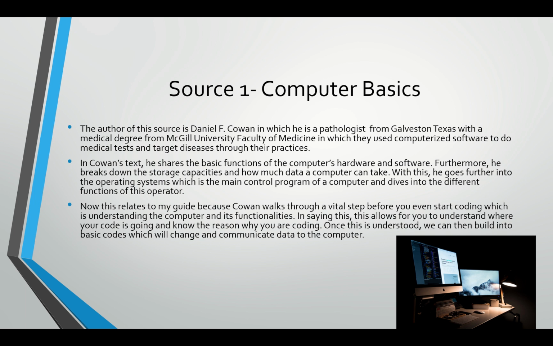Now, this will relate to my guide because Cohen walks through vital steps before you even start coding, in which you need to know the computer and its functionalities. Without knowing the computer and its functionalities, you will not know the purpose for your codes, in which, in saying this, you won't know what's wrong or why you even need to code in the first place. So, knowing the computer and its functionalities will be very essential to becoming a coder.